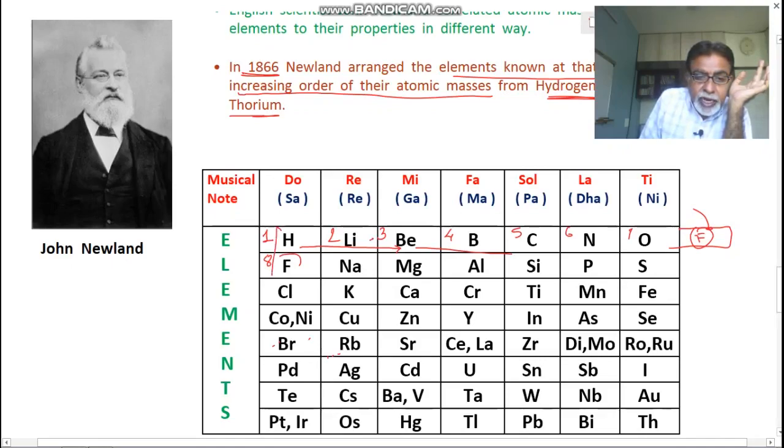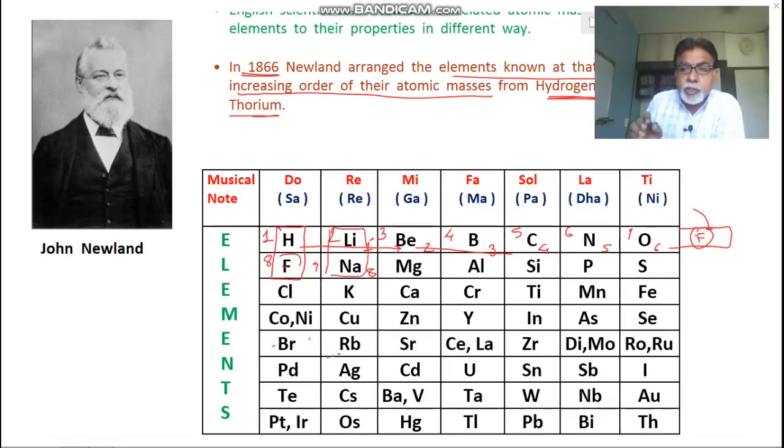So hydrogen and fluorine will have similar chemical property. From lithium, the 8th element was sodium. So lithium and sodium will have similar chemical properties.